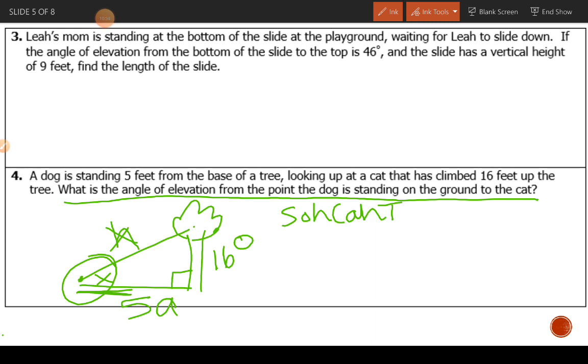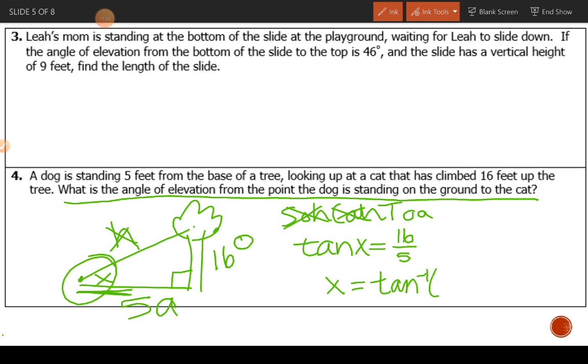So if we write our SOHCAHTOA, again, we're not using sine or cosine, we're using tangent here. So we have tangent of the angle is going to be equal to opposite, which is 16, over adjacent, which is 5. Okay, now this one's different because we're looking for the angle this time. So we're actually going to have x is equal to, we're going to use those inverse functions.